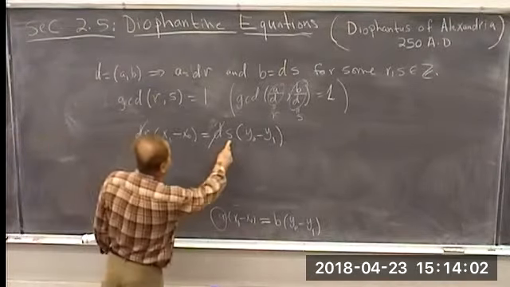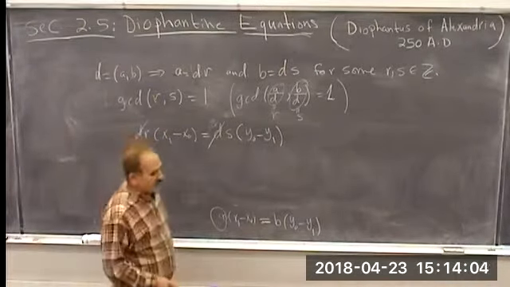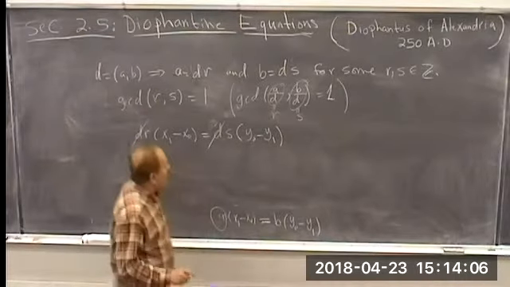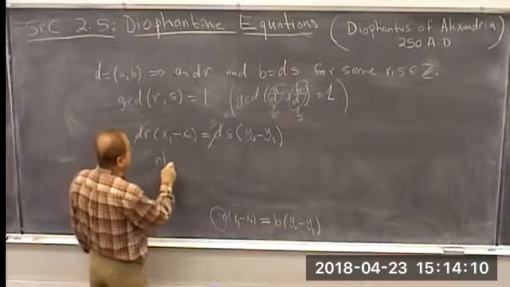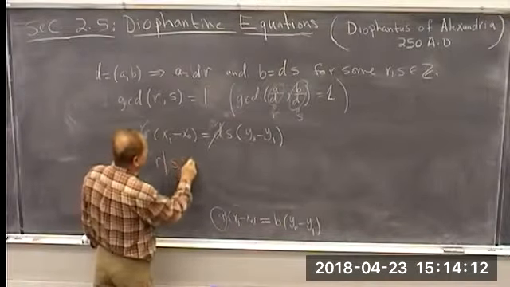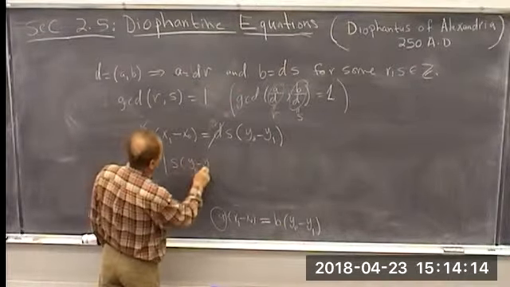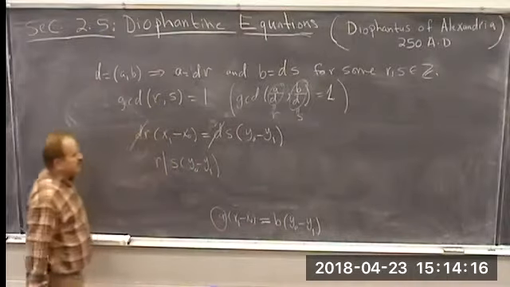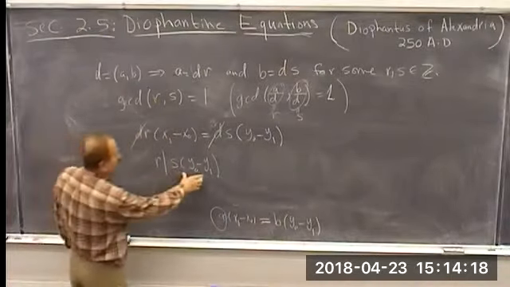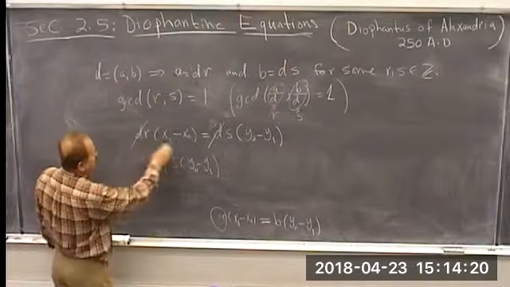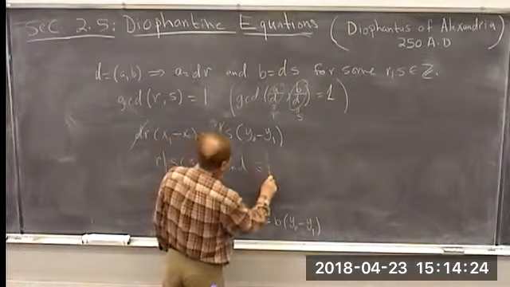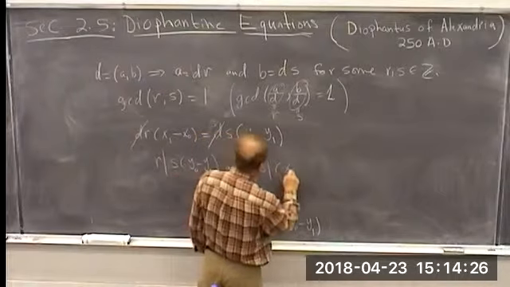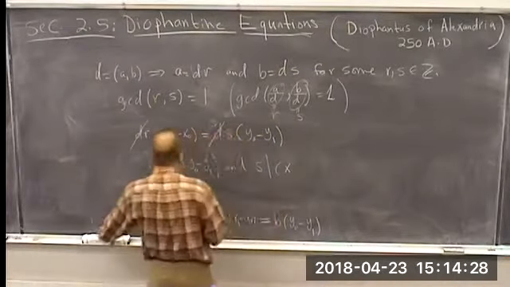This means that actually r divides s times y sub 0 minus y1, because we could write this one as a multiple of r, which is what we have in here. And we have s times the difference in the x's as a multiple of r.